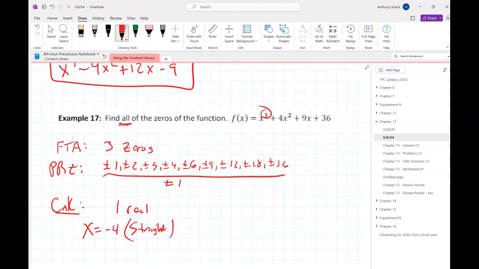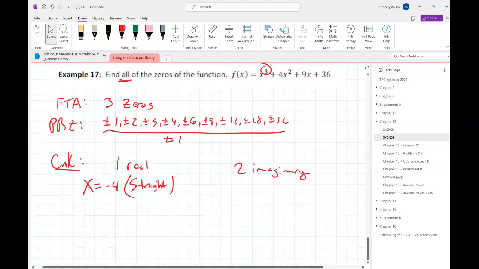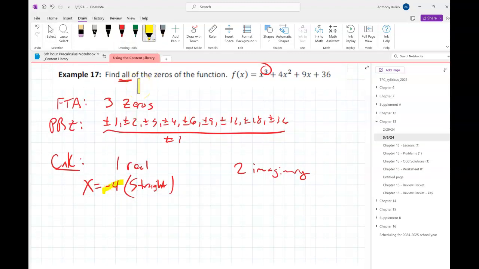I'm supposed to have 3 though. Where are the other 2? If I can't see them on my graph, they have to be imaginary. Okay, well, I have one number that's the -4. Let me check real quick to make sure that's on my list. Sure is. So let's start our synthetic division with the only choice I got.